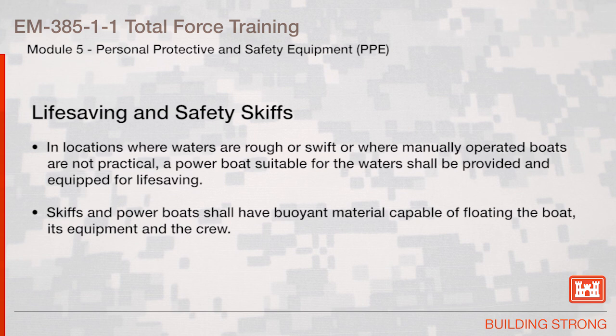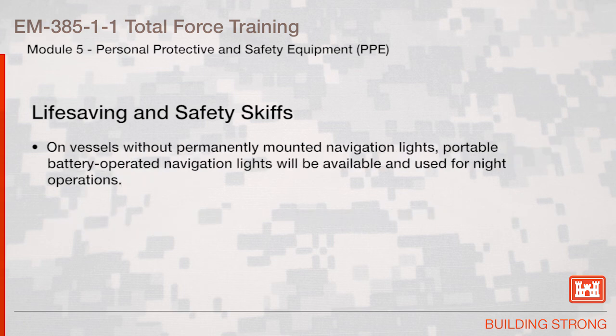In locations where waters are rough or swift, or where manually operated boats are not practical, a powerboat suitable for the waters shall be provided and equipped for life-saving. Skiffs and powerboats shall have buoyant material capable of floating the boat, its equipment, and the crew. On vessels without permanently mounted navigation lights, portable battery-operated navigation lights will be available and used for night operations.